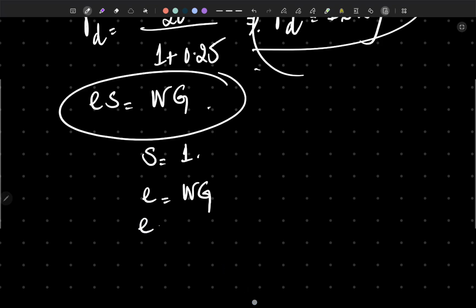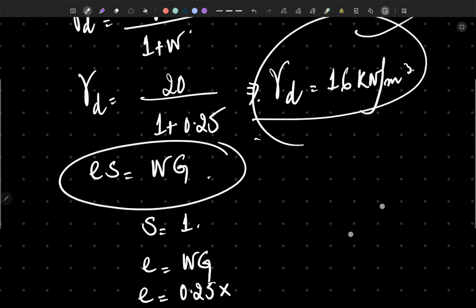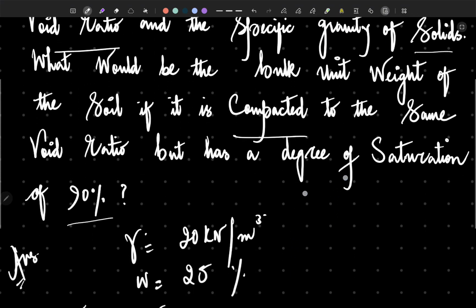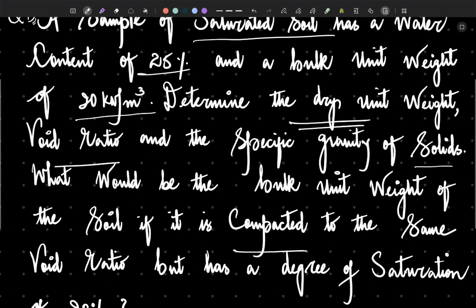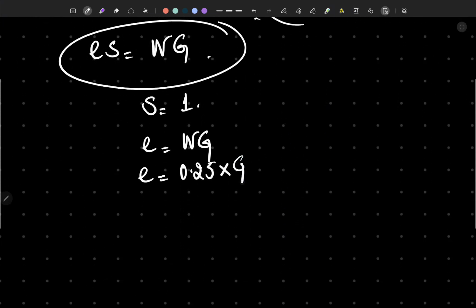The water content is 25%, and G is to be found out. We don't know G. Let's call this equation 1.